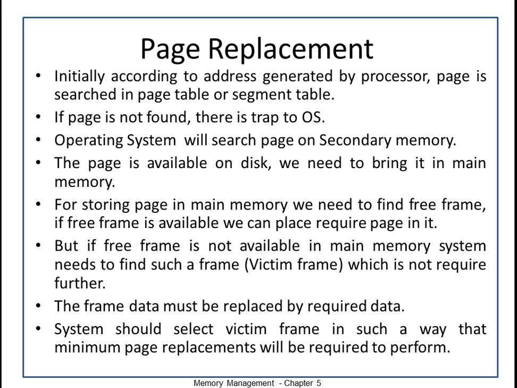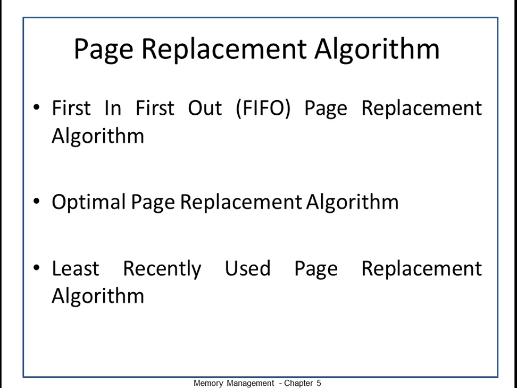The frame data must be replaced by the required data. So, the system should select the victim frame in such a way that a minimum number of page replacements will be required. For that, there is a need for a page replacement algorithm.